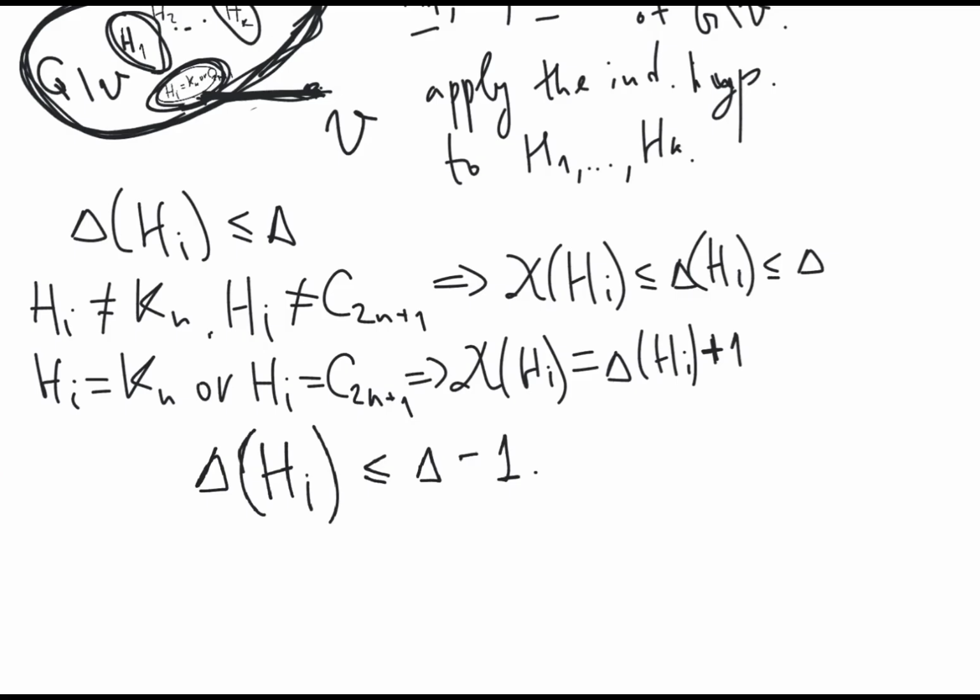Okay, let's prove this more carefully. So if this Hi is Kn, then delta of Kn is equal to n minus 1, right? But there is a special vertex, at least one, in this graph that is connected to V.